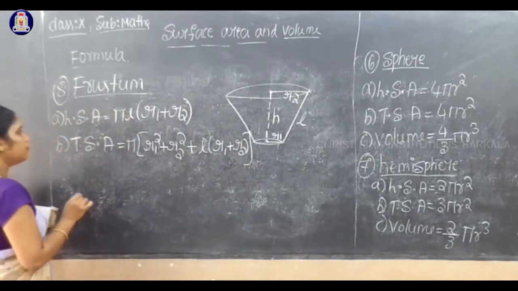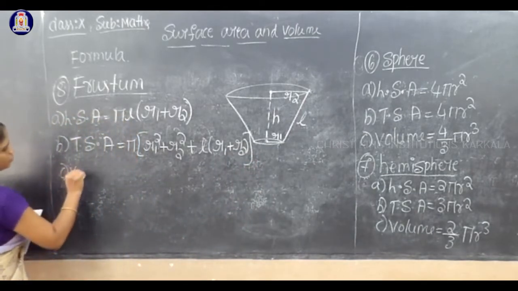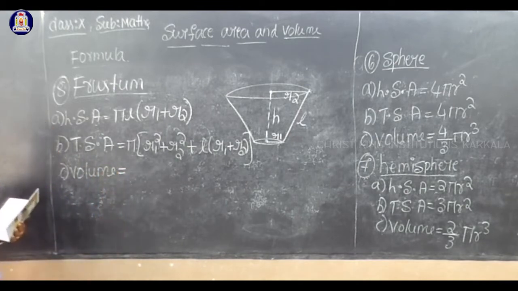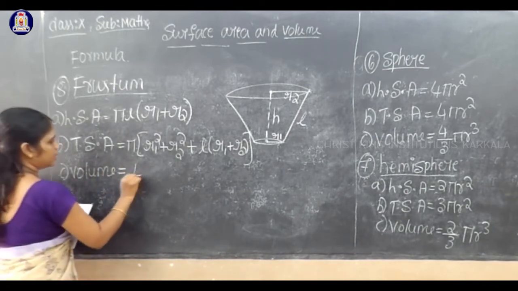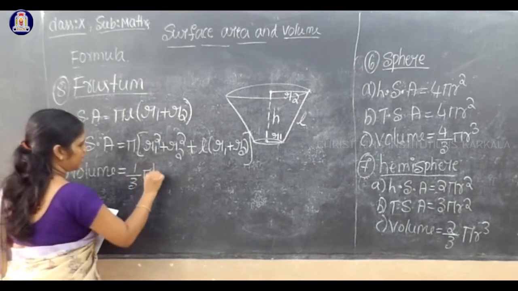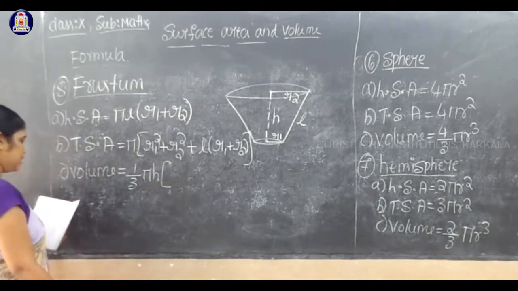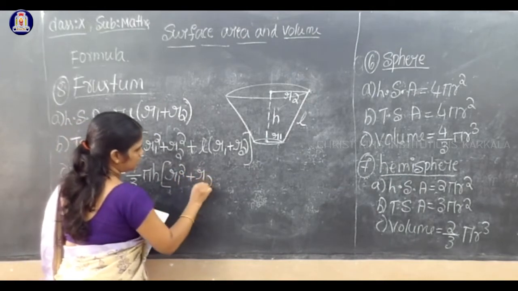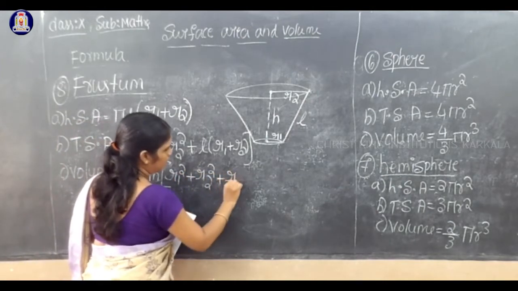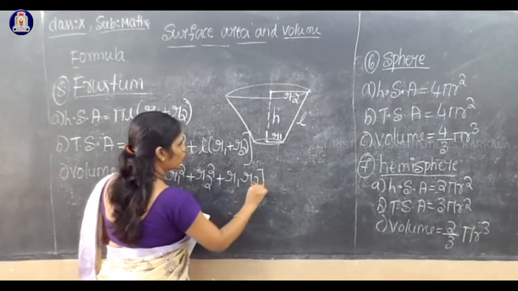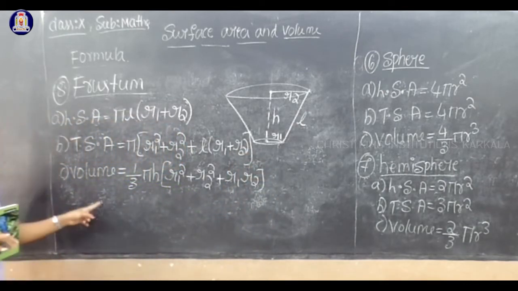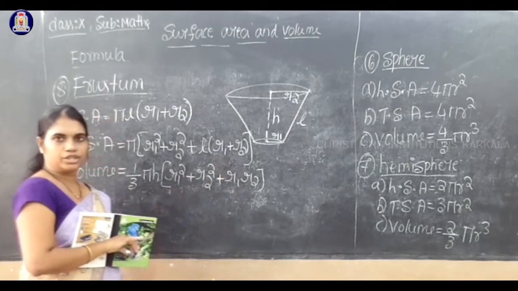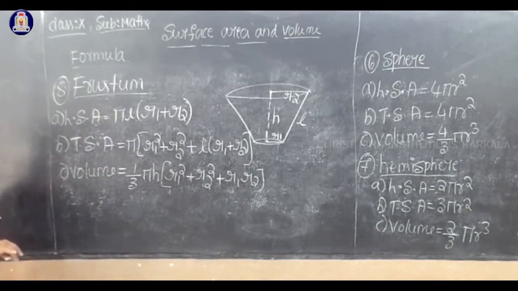Next, third one, volume. The volume formula is given by 1 by 3 pi H (R1 square plus R2 square plus R1 into R2). This is about the volume.